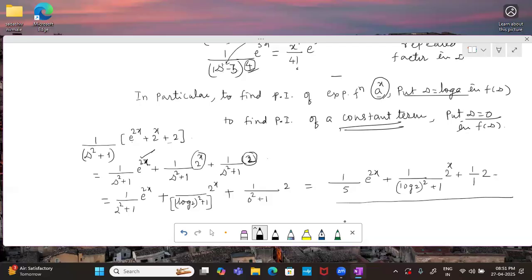That is the final answer. So this is the way to find the PI in rule number 1. This is rule number 1.